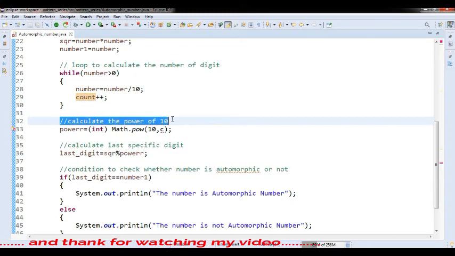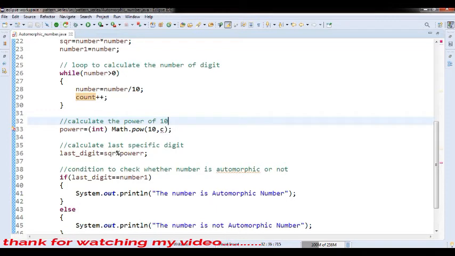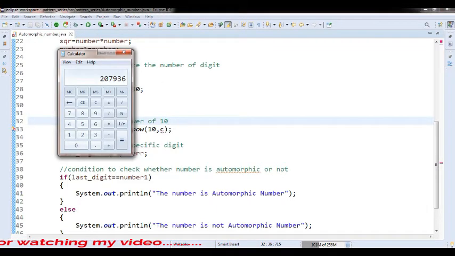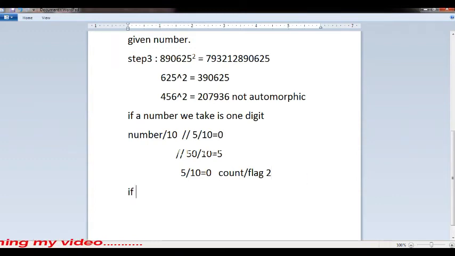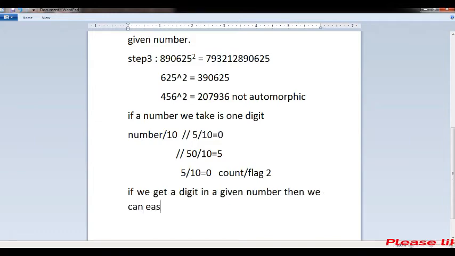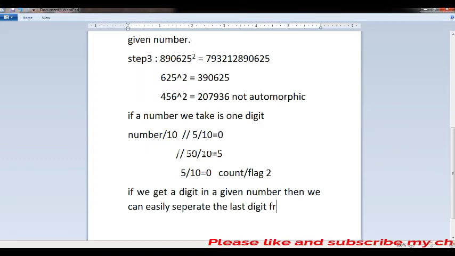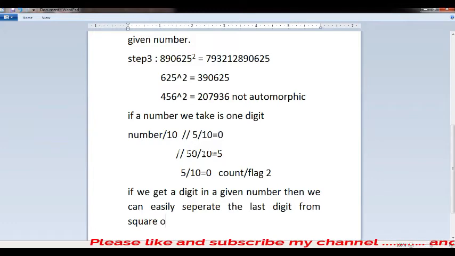After this, calculate the power of 10, because in our scenario, if we get the number of digits in a given number, then we can easily separate the last digits from the square of the given number.